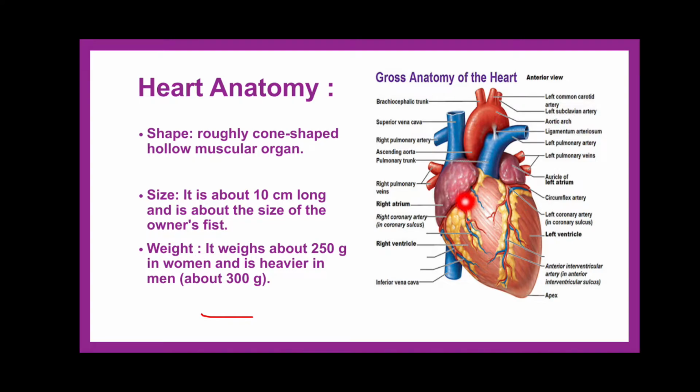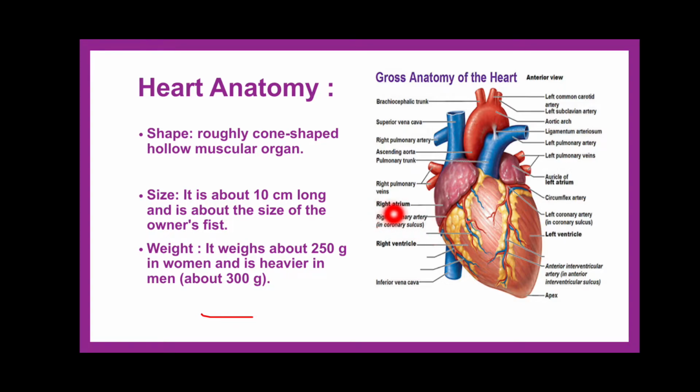And this network of blood vessels provides the supply of oxygen for the efficient working of the heart. What are these structures? These red colored structures are the coronary arteries.